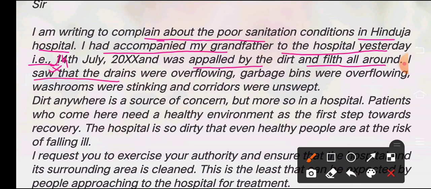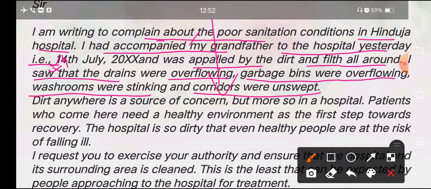I saw that the drains were overflowing, garbage bins were overflowing, washrooms were stinking and corridors were unswept. This is the first, introduction paragraph.